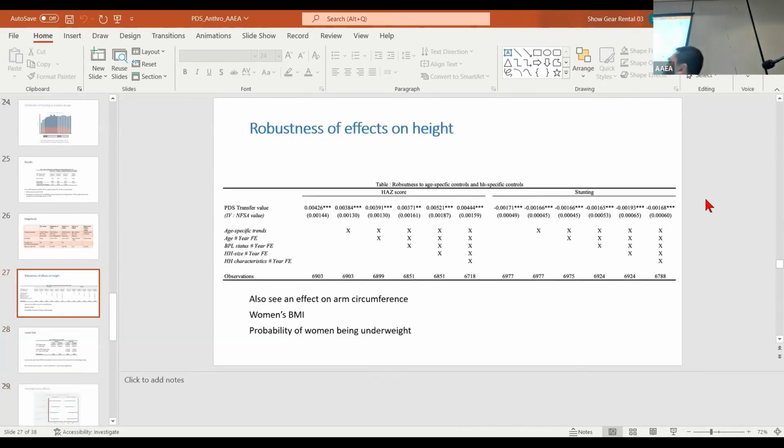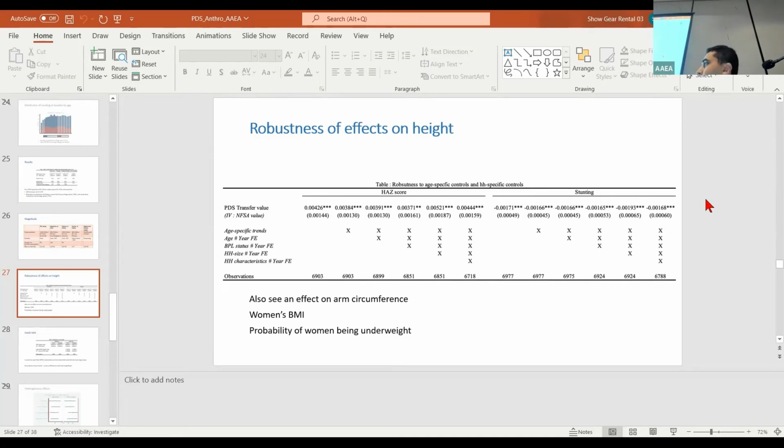We also find supportive evidence on other indicators of undernutrition. We find that food transfers improve the arm circumference of children, and we don't find any big effects on women's BMI.